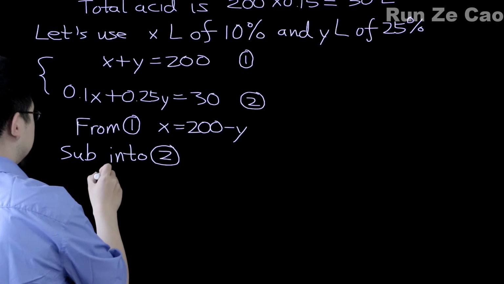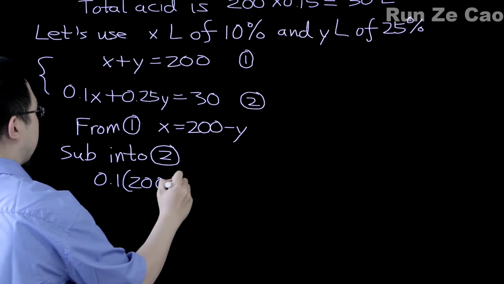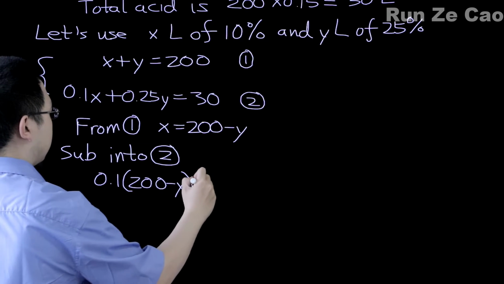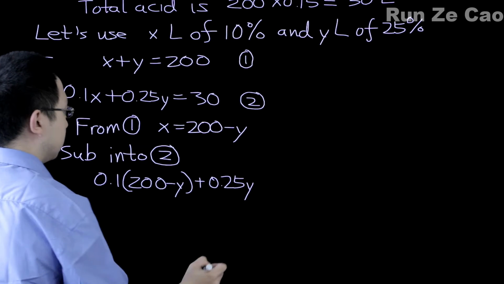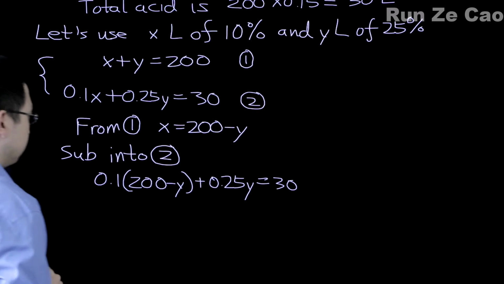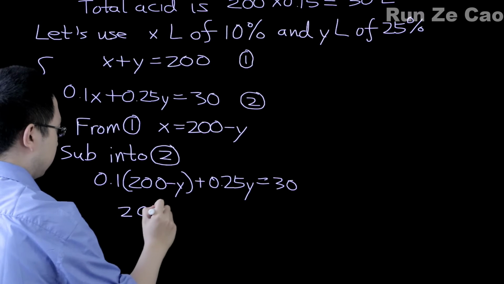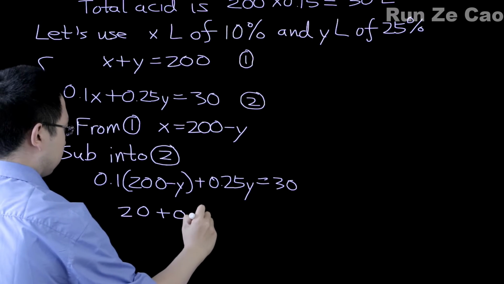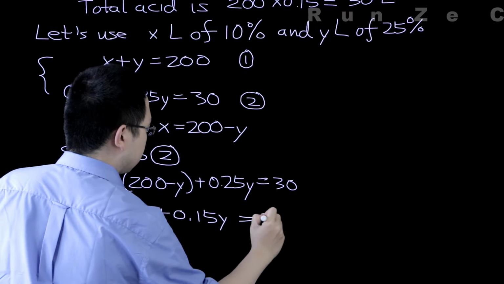This brings us to 0.1 times 200 minus y plus 0.25y equals 30. So 20 plus 0.15y equals 30.